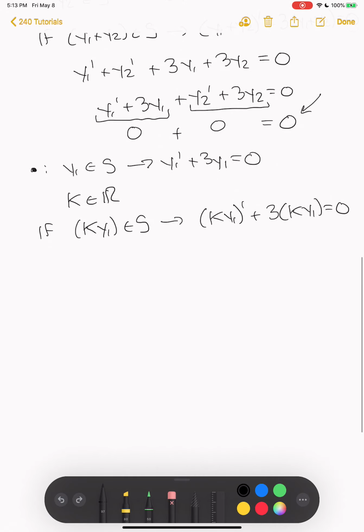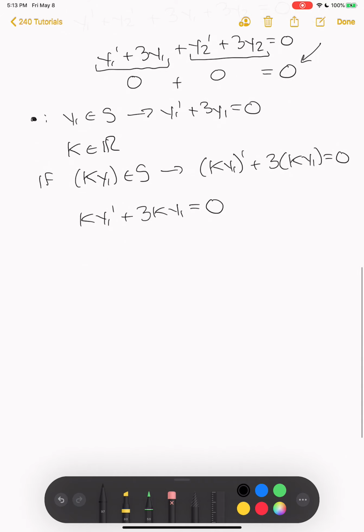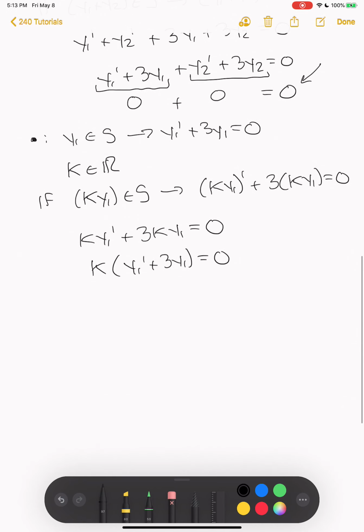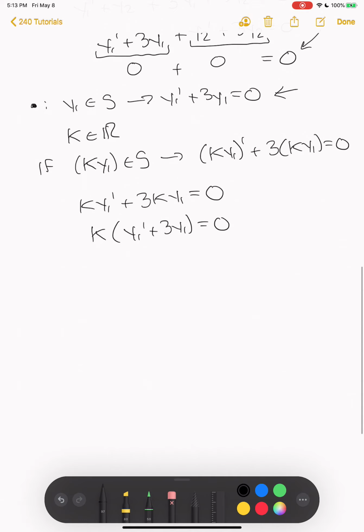And then again, I just simplify the left-hand side. So I have k y1 prime plus 3k y1 is equal to 0. And we know by the rules of math that we can factor out this k. And I have k times (y1 prime plus 3y1) is equal to 0. And then again, I have to use this part up here. I know that y1 prime plus 3y1 is equal to 0.